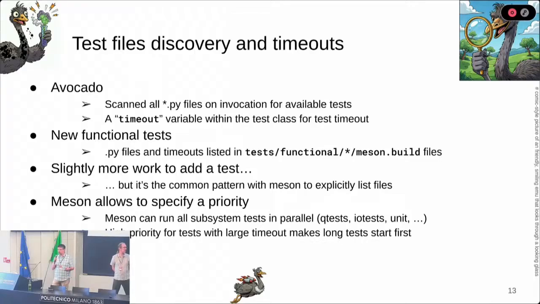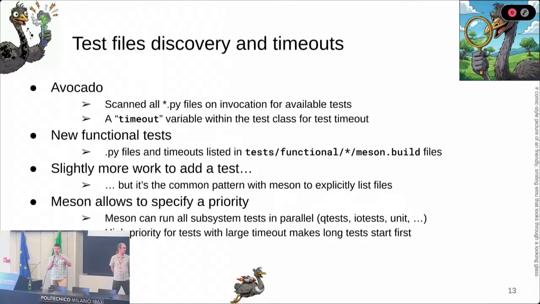Most other test subsystems in QEMU are already doing it this way, and also if you want to compile a .c file, for example, you always add it to a Meson file. So that's the way to go. The nice thing about the Meson test runner is that it also allows you to specify a priority. So we can use the timeout settings now for setting the priority of the test.